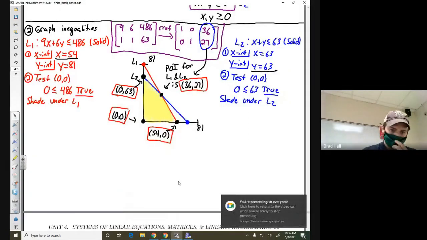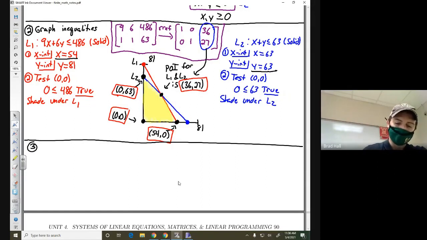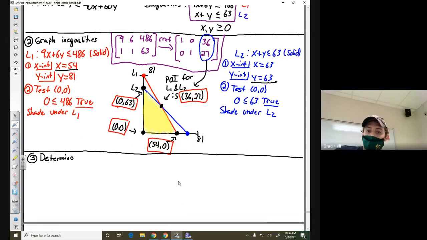And so we just took care of that part. Now the final part is to draw the table and ultimately determine, let's see, was it minimum or maximum? It was maximize, so determine the maximum. So this is where that table comes into play.